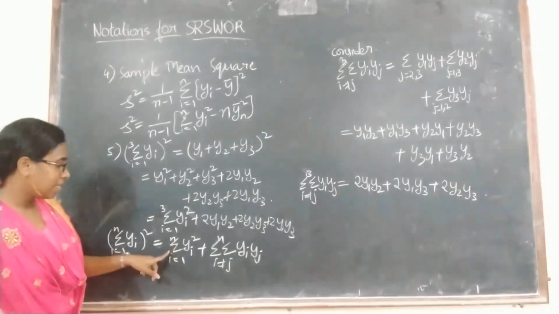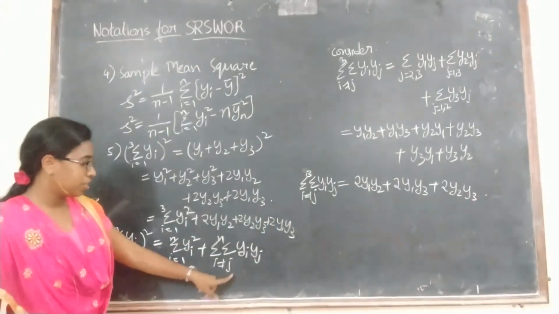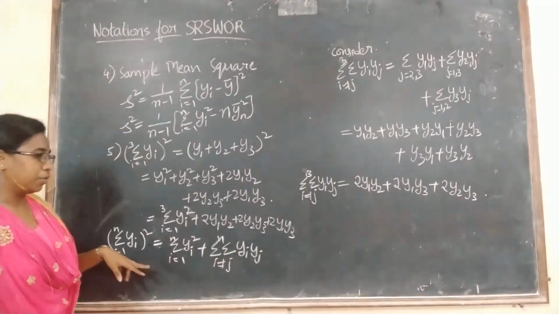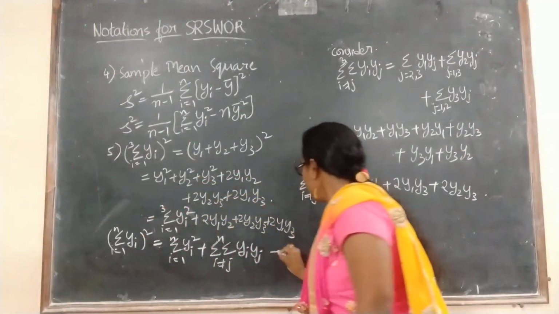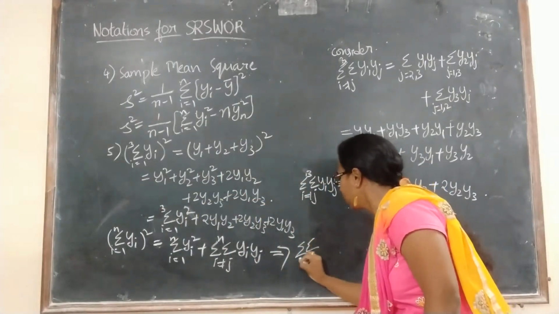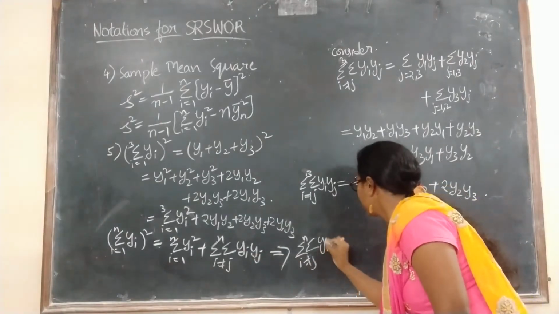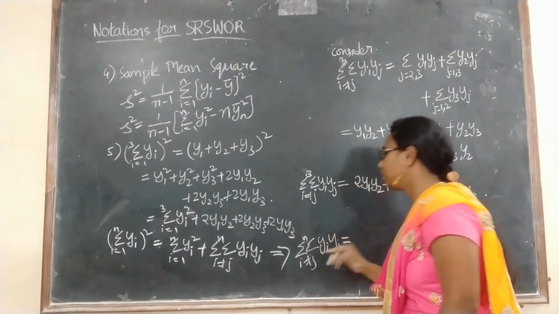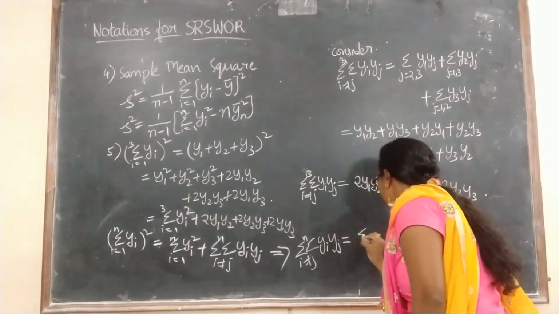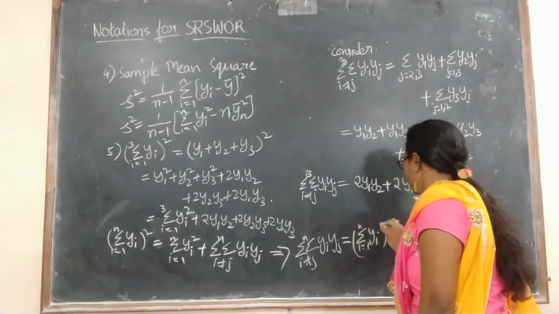So you will get summation yi square plus double summation i not equals to j, yi yj. So this is the value we are going to use. From this, if I want only the double summation i not equals to j, yi yj value, I will send the other term to the left side, so that I get summation i equals 1 to n, yi whole square.